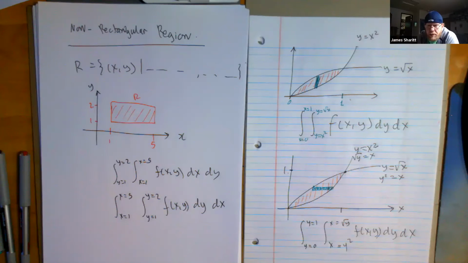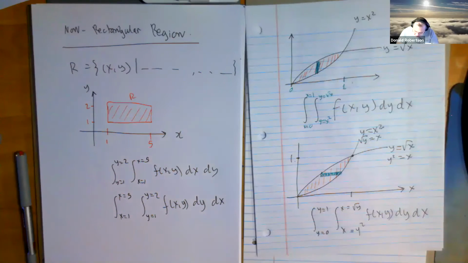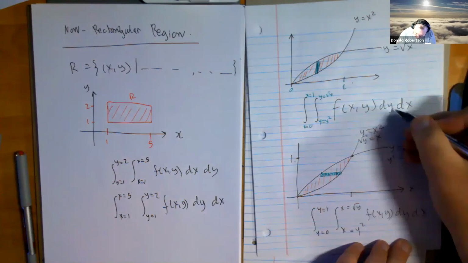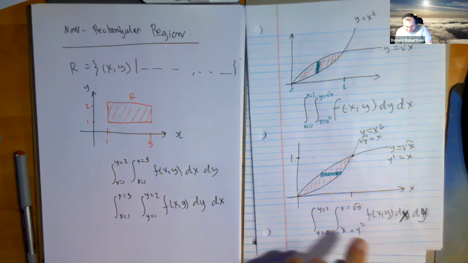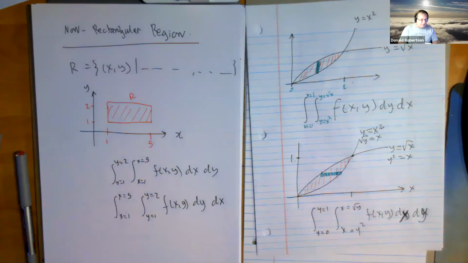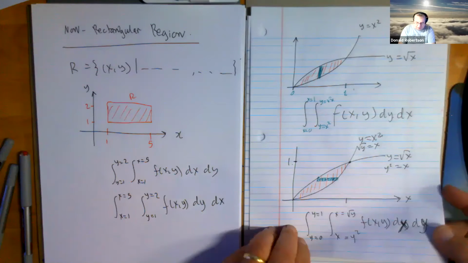Isn't your dy dx backwards? Oh, I did. Thank you. Yeah, I just wrote that down. X's, y's, right? That's the order. So I'm just saying you can imagine that you could do that.